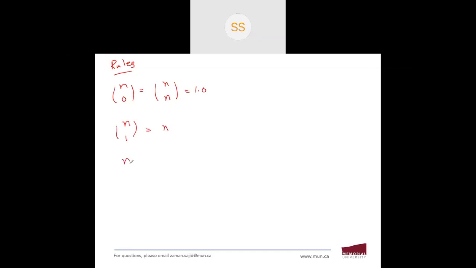If you have n choose 2, for example, then you get n into n minus 1 over 2. If you have n choose m, this is also equivalent to n choose n minus m.